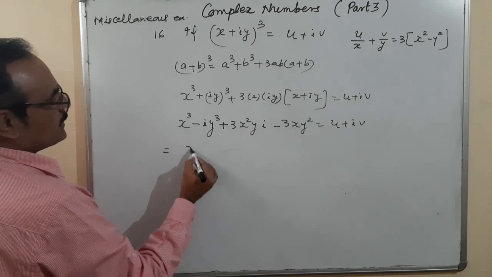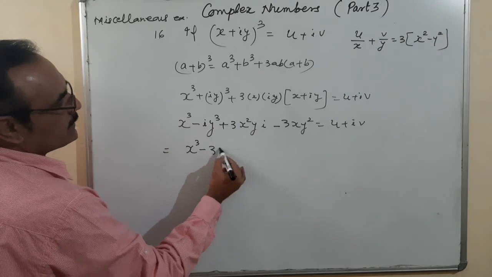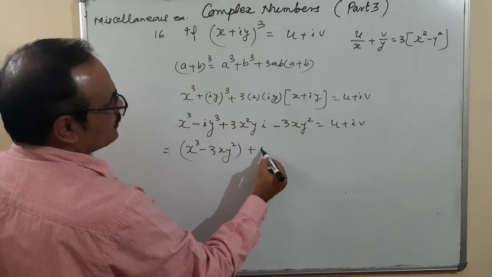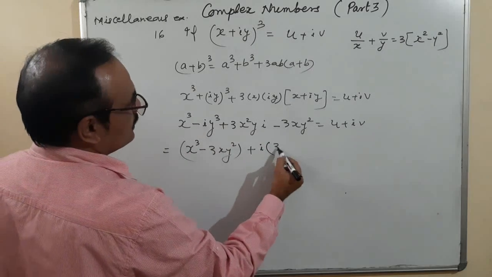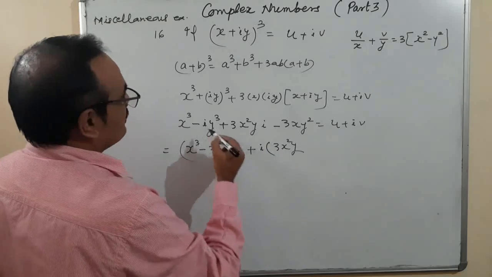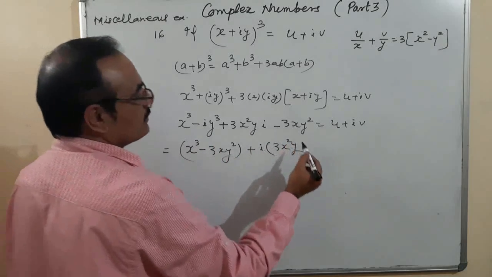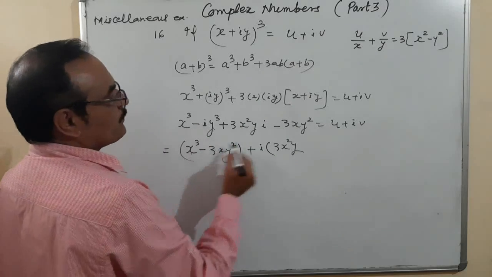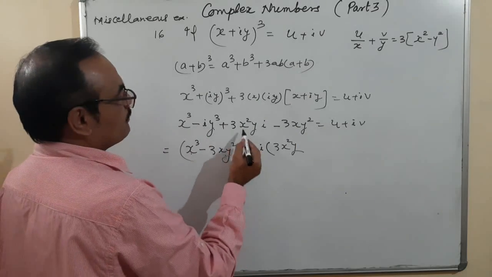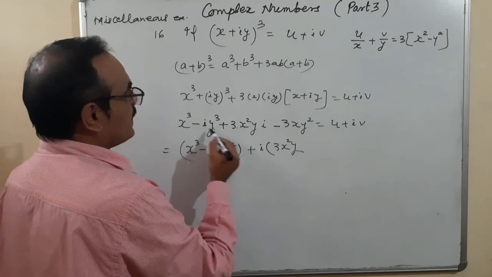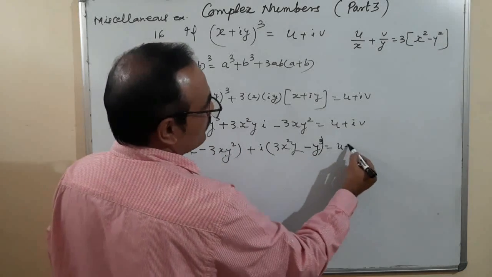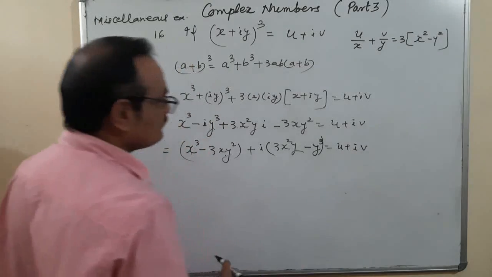Collecting real terms in one bracket, plus i common: (x³ − 3xy²) + i(3x²y − y³) is equal to u + iv.